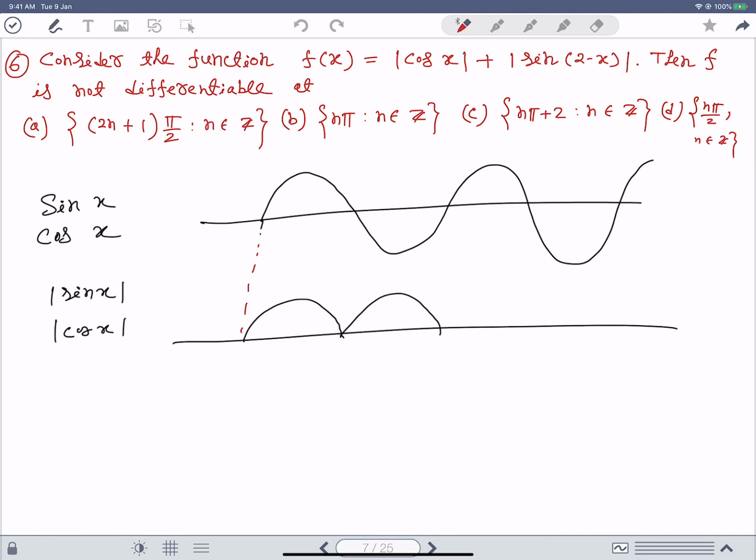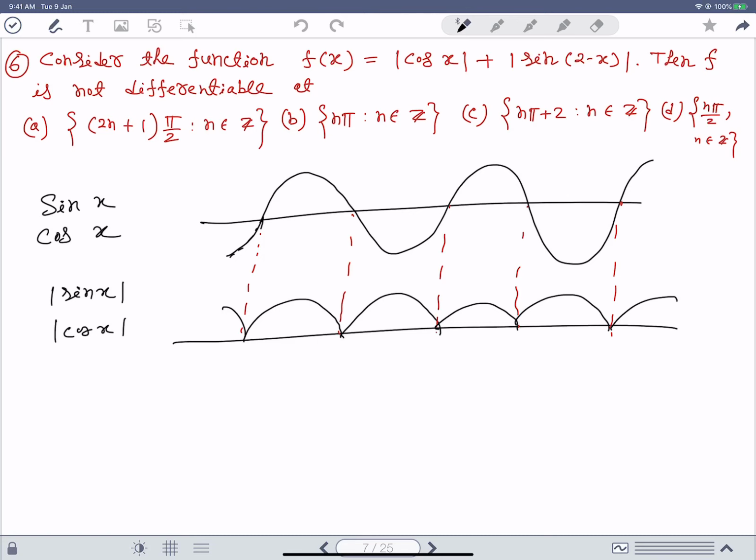So, these are actually the same points we are talking about. That means where the function gives the 0 value, the problem will occur. Then we will have a reflection of mod of cos x and mod of sin x. Now we have to choose the sets where sin x or cos x gives the 0 value.